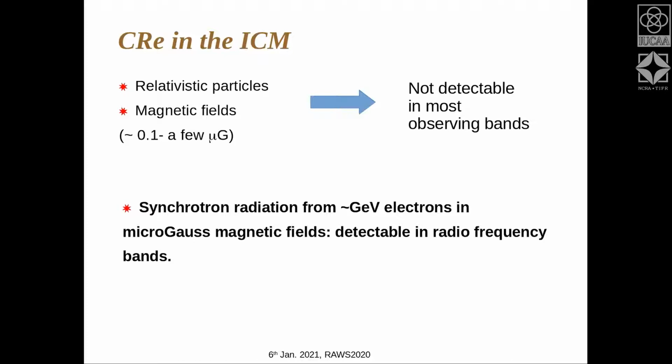And this is what allows us to infer that the intracluster medium contains relativistic electrons and magnetic fields. And this is where the radio observations play a crucial role, because they are the direct probe of these components which are otherwise invisible.